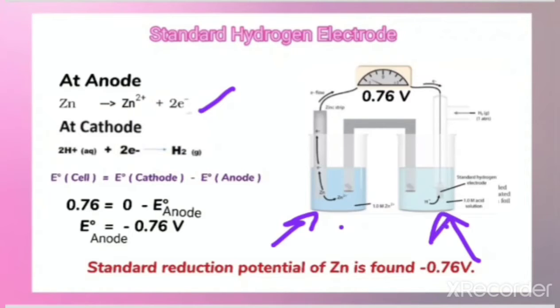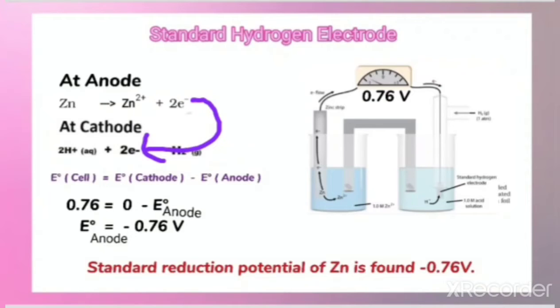And because the hydrogen electrode acts as a cathode, the reduction reaction takes place at the cathode, that is 2H plus plus 2 electrons giving rise to H2. So what is actually happening here is that the 2 electrons lost at the anode are gained at the cathode, and the reaction takes place in such a way.